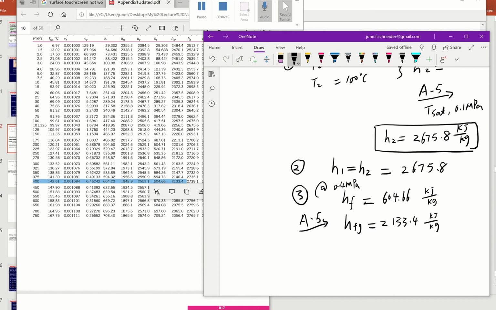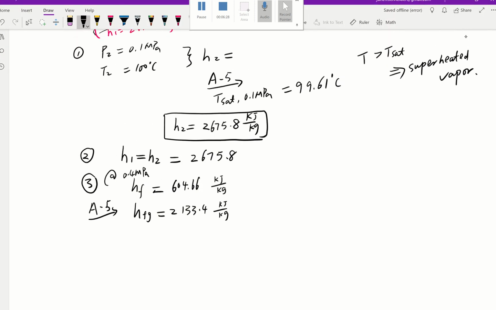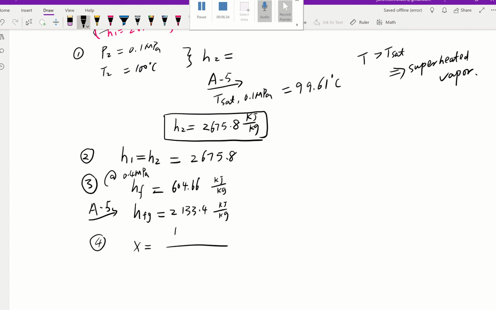Okay, so then we can go ahead and solve for our quality. That's the last step. Because we know the quality equation is H minus HF over HFG.